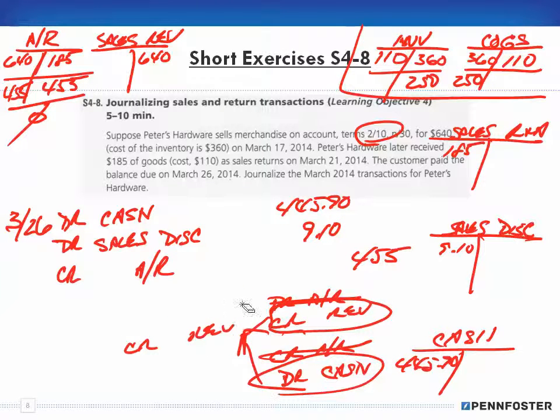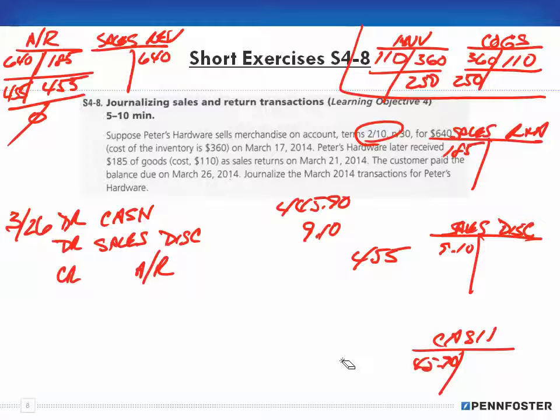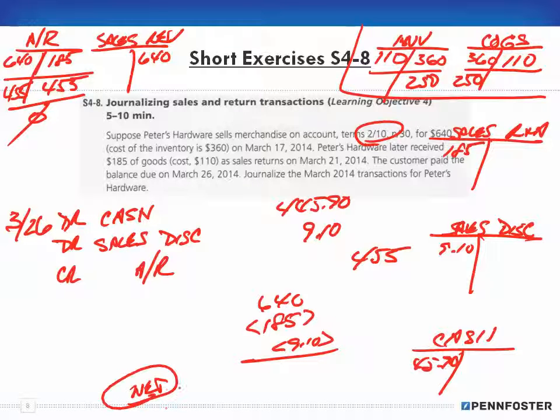So what are we looking at here? We're looking at our sales revenue of 640, and there was a return of 185, and there was a discount of 9.10. So when you take 640 less 185 less 9.10, your net, and the word net is the important part of the concept, net sales revenue ends up being 445.90, which is how much was paid in cash.